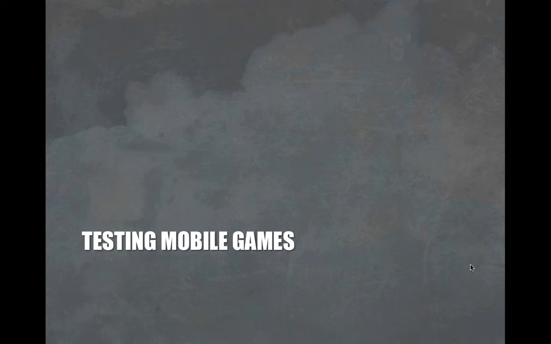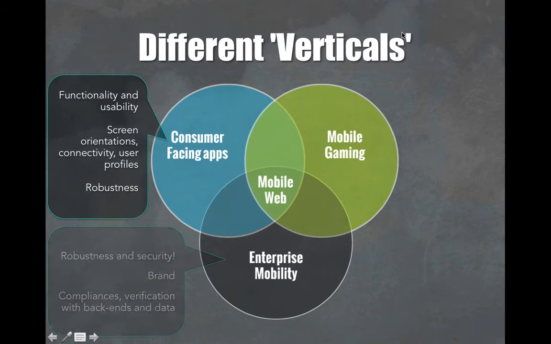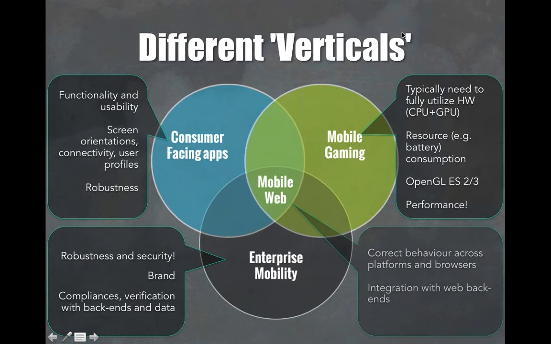Okay, let's talk a bit about how you test mobile games. Testing mobile games is slightly different than it is with applications. In applications, functionality, usability, and robustness are of course very important. The same characteristics are important also in mobile games, but so are performance, OpenGLES related issues, battery consumption, and how the game fully utilizes the chipset or hardware capability you have.